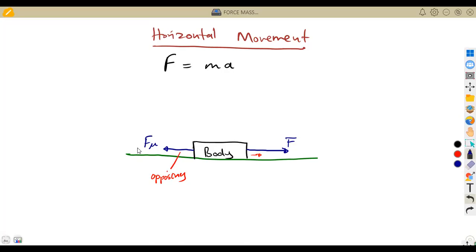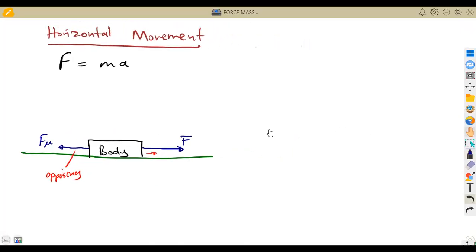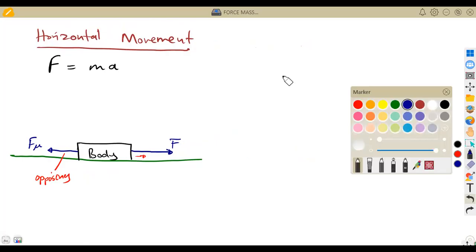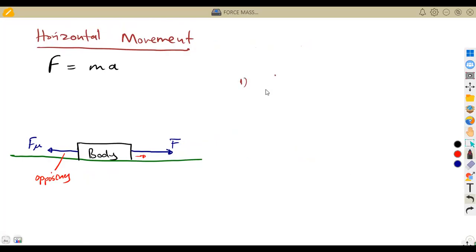All right, given this condition, there are going to be three different conditions that you can consider. We are saying our force is supposed to be mass times acceleration, but now it is going to follow the rules. Let us say our applied force is equal to the frictional force.